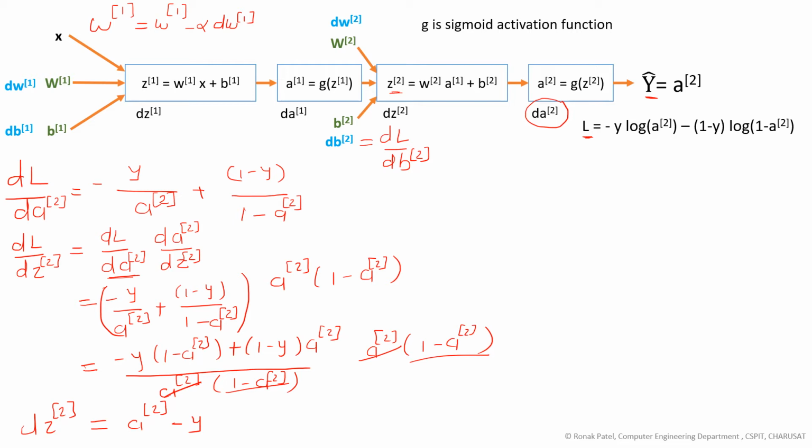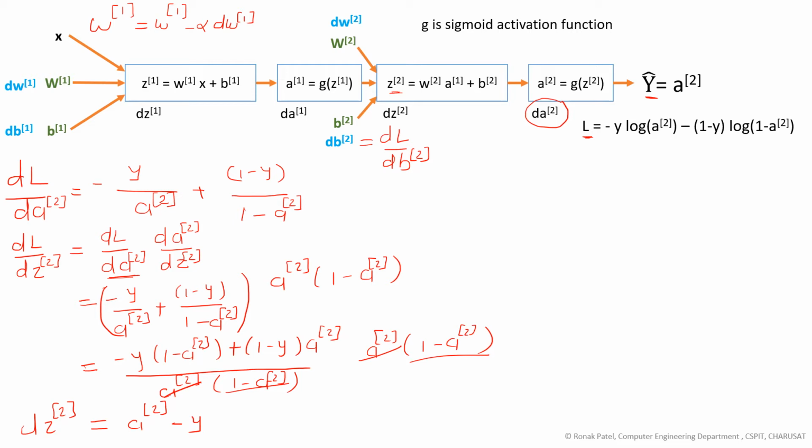Then next, your z2 depends on w2, the activation, and your bias. So we'll see first the derivative of z2 with respect to w2, right?